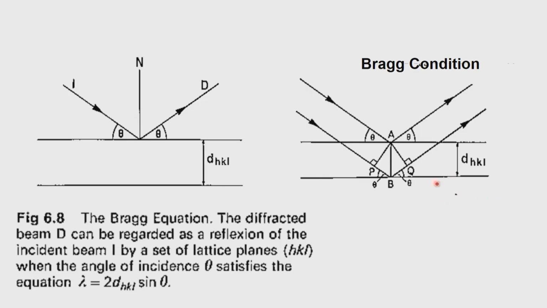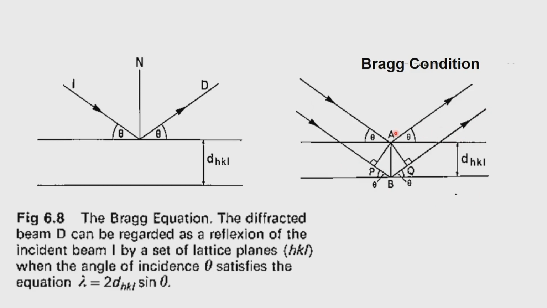Now, you have to calculate the values of Pb and Bq in terms of the theta value. You see that this is also theta, and that is also theta. So, you can calculate the lengths of Pb and Bq, each of which equals d of HKL times sin theta. The additional distance that the ray travels is therefore 2d sin theta, because these two rays are parallel to each other.